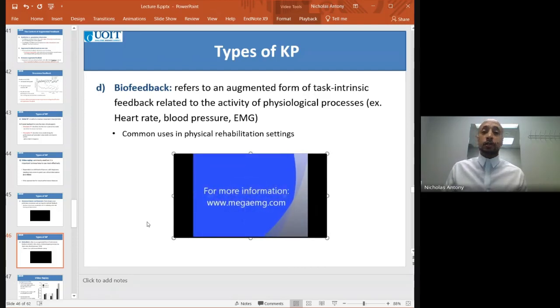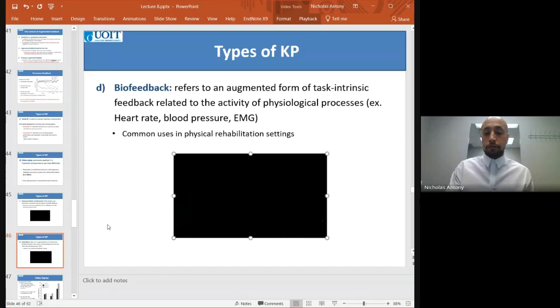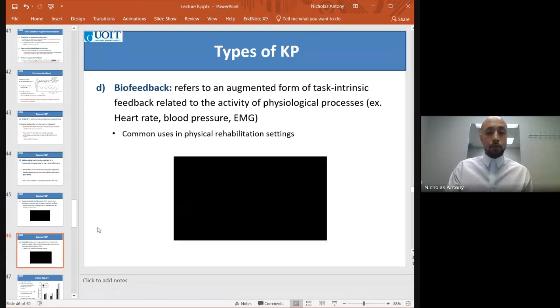But EMG is these pads, right? And then you put the pads, kind of looks like this, on the muscles, and it is a machine that sort of reads electrical activity of the muscles. So if it's reading activity, then you can understand that the muscles are on.